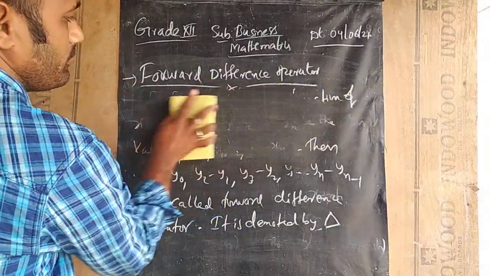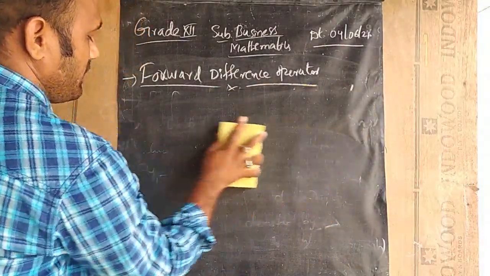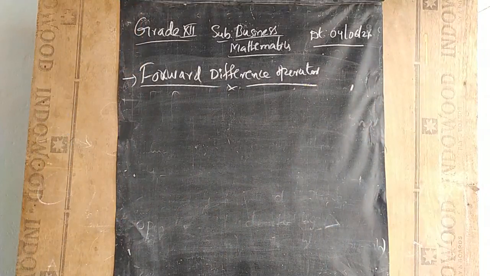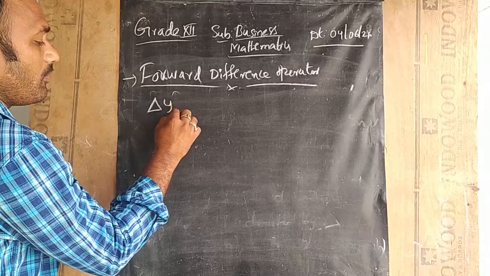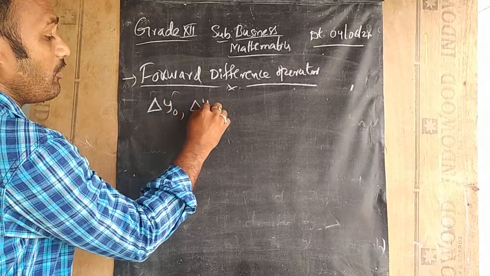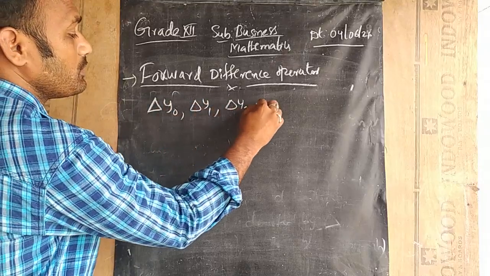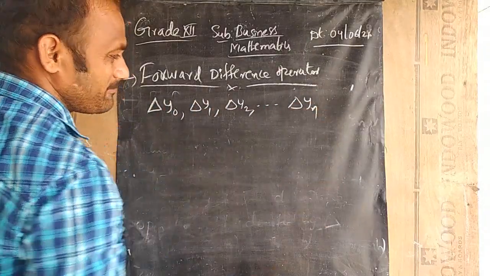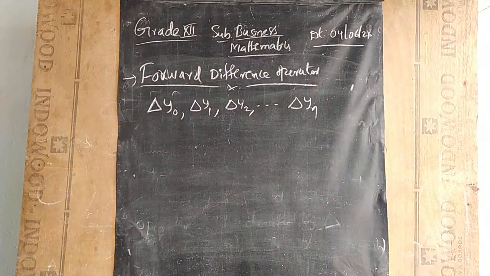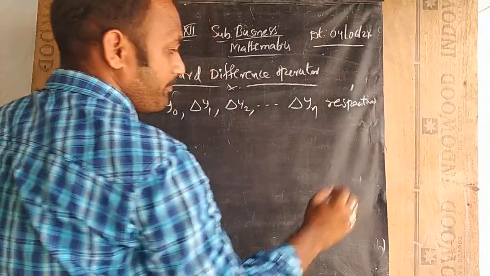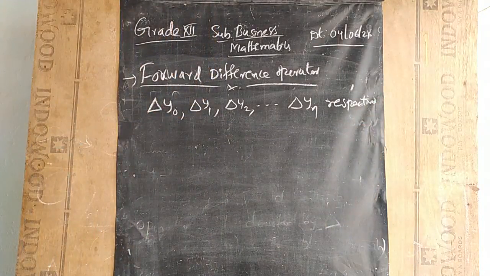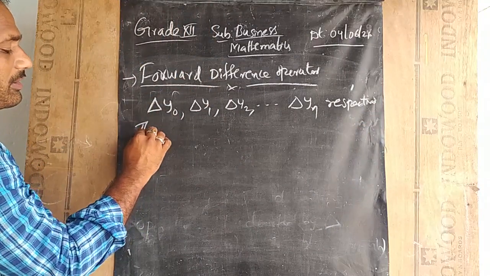Now the same we can write as delta y0, delta y1, delta y2, and so on delta yn, respectively. Another definition also we can write.